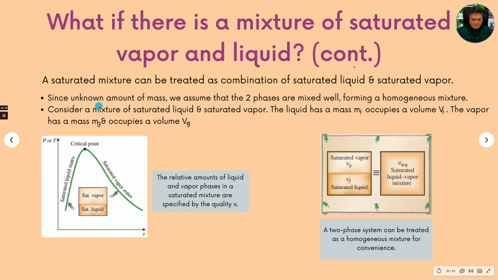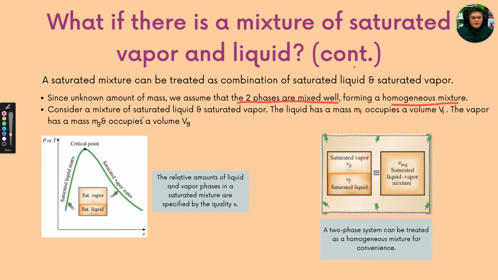As I said earlier, if you want to calculate quality, X equals the mass of the vapor phase divided by the total mass, which is the mass of the vapor plus the mass of the liquid. But we cannot determine the specific amount of mass for the vapor. So we assume that the two phases are mixed well, forming a homogeneous mixture.